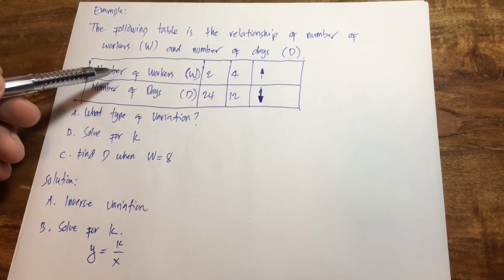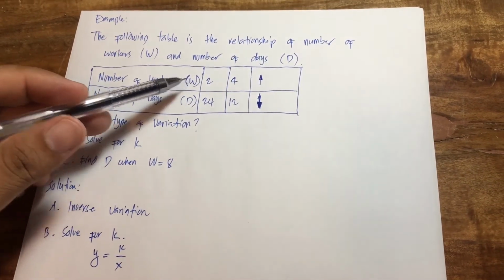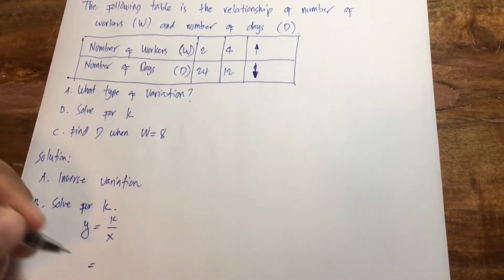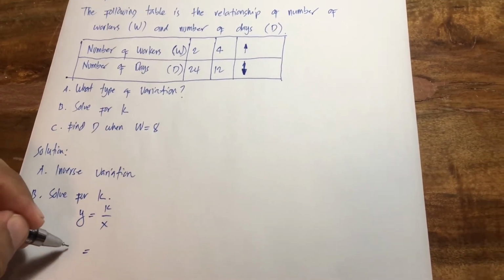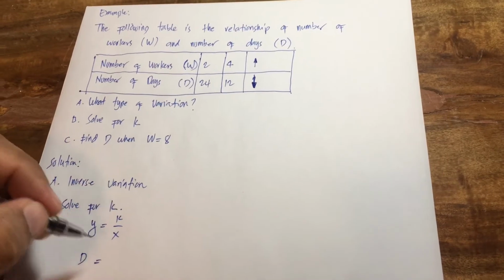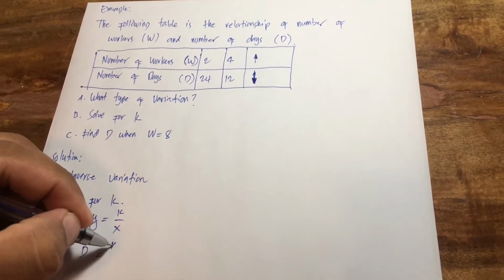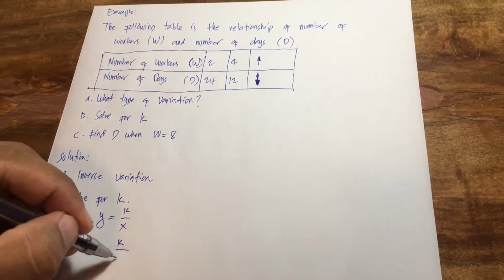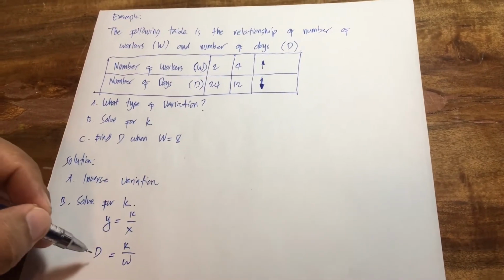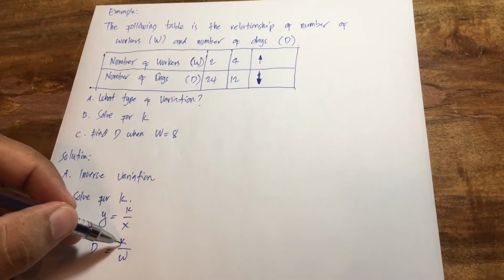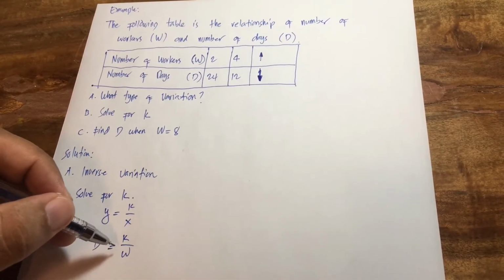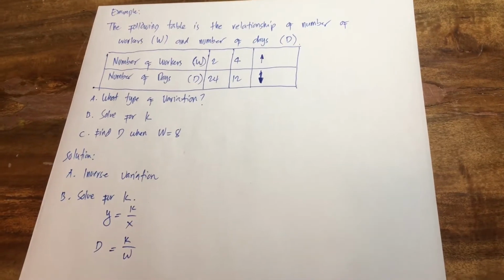Our x here is w and our y is days. So we will substitute. We have d equals k over what? W. This is d varies inversely as w, or d is inversely proportional to w.